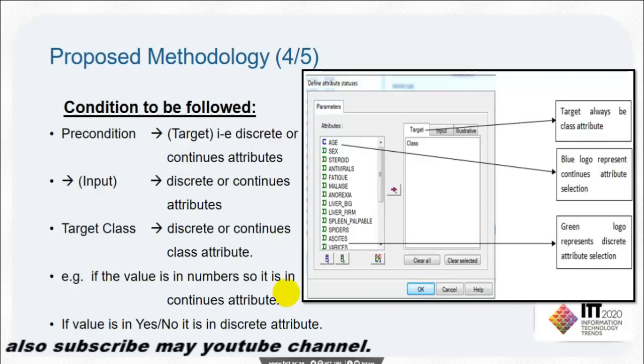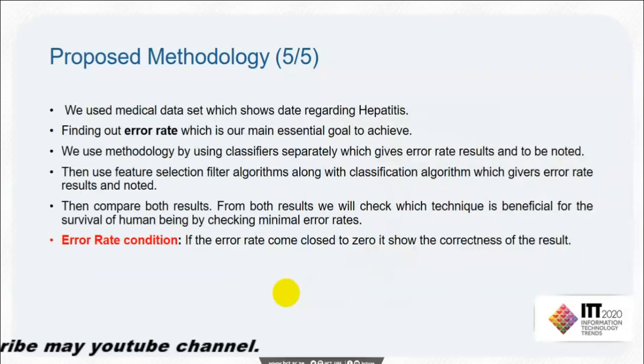Input may be discrete or continuous, but the target will always be a class attribute. If the value is a number, it represents a continuous attribute. If the value is yes or no, it represents discrete attributes.